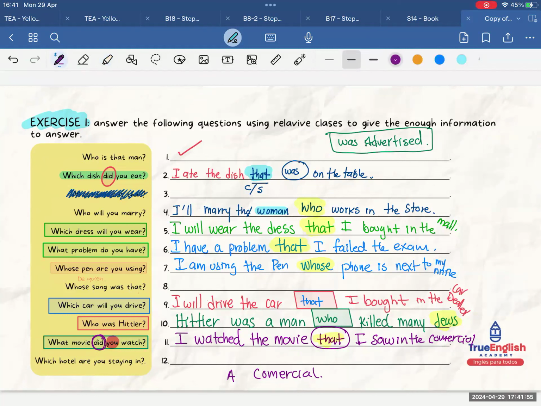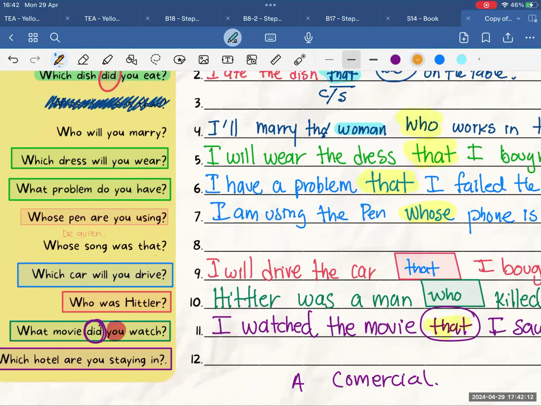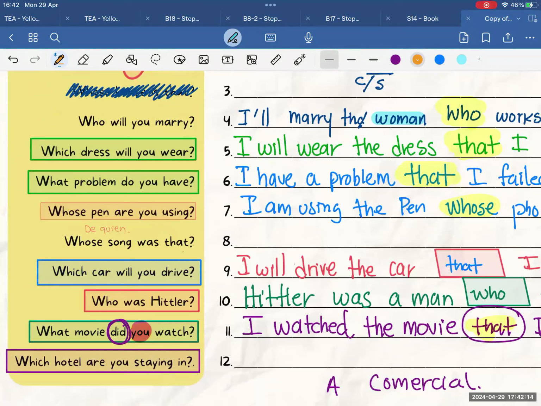Number 12. Which hotel are you staying in? ¿En qué hotel te estás quedando? In which hotel are you staying in? Which?